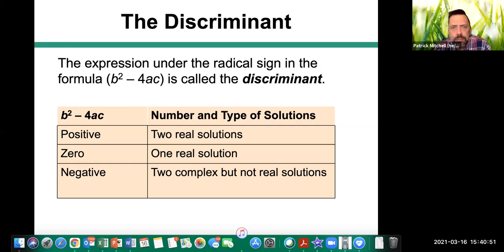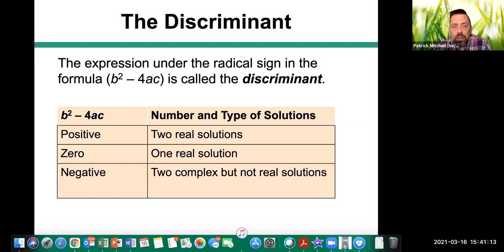I've probably looked at this thing 8 times over the last few years. It should say something like the expression under the radical sign in the formula, which is b squared minus 4ac. All right, b squared minus 4ac is not the whole formula. Anyway, that expression, b squared minus 4ac, is called the discriminant.